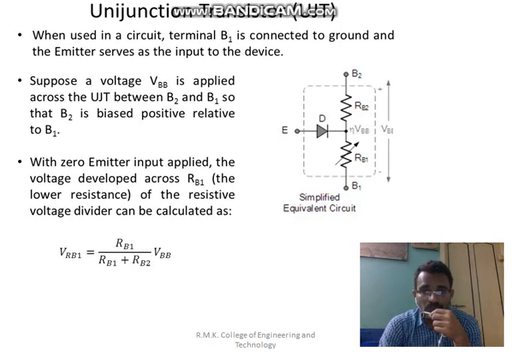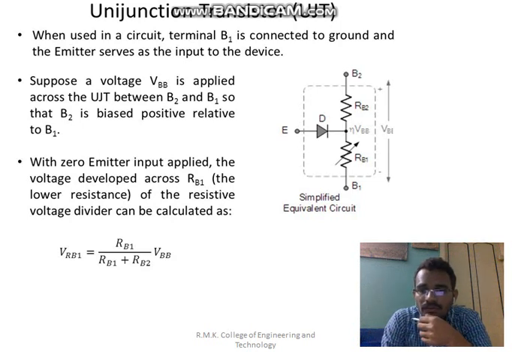We can see here that the voltage VBB is applied across UJT, between B2 and B1. So B2 is biased positively relative to B1. And another point is with zero input applied at the emitter.